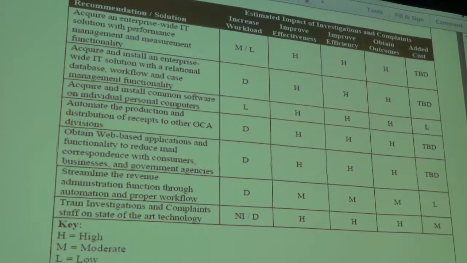We would have a moderate impact on organizational effectiveness because the revenue administration function is not directly related to the service provision of the division. All it does is collect revenue and report the revenue, so it would have moderate effectiveness and efficiency for the division, and a moderate impact on the outcomes. And it would have low cost to the division.